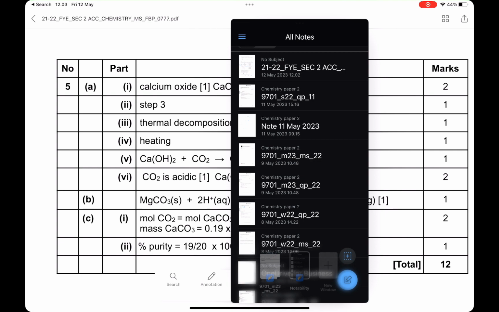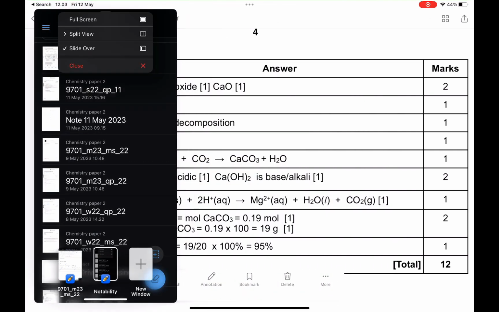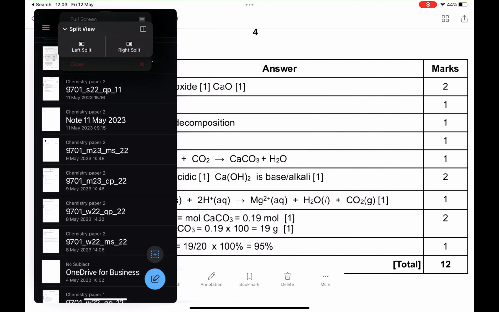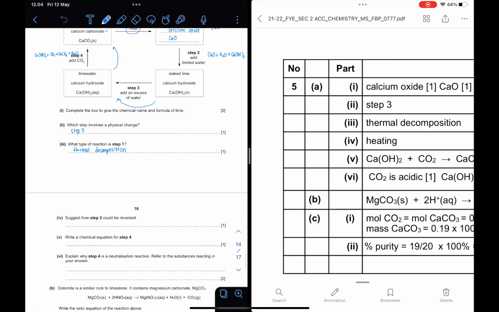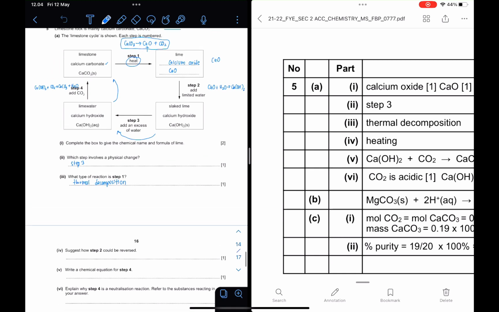Thermal decomposition, heating, yes, so the answer is heating. Basically, we want to remove the water.